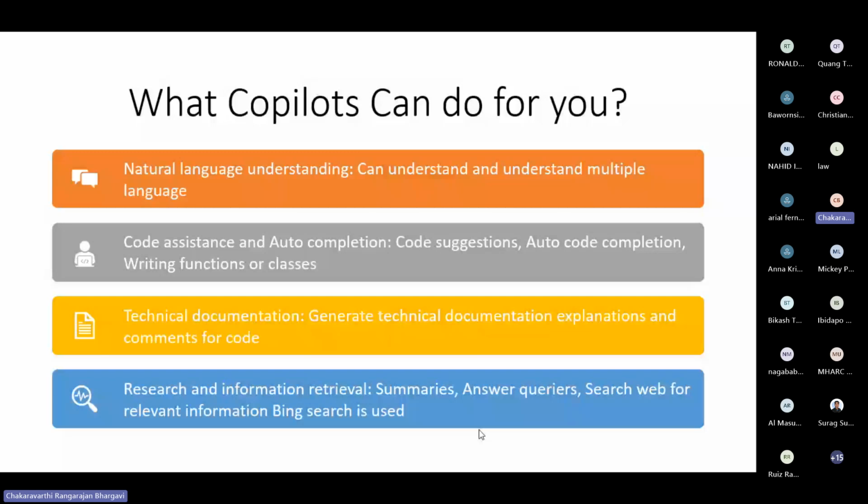Say, for example, if you don't understand what your code does, or it has to have some documentation written for it, then we can go ahead and use Copilot to generate the documentation for you. It's not just with the code that you develop with the help of GitHub Copilot.